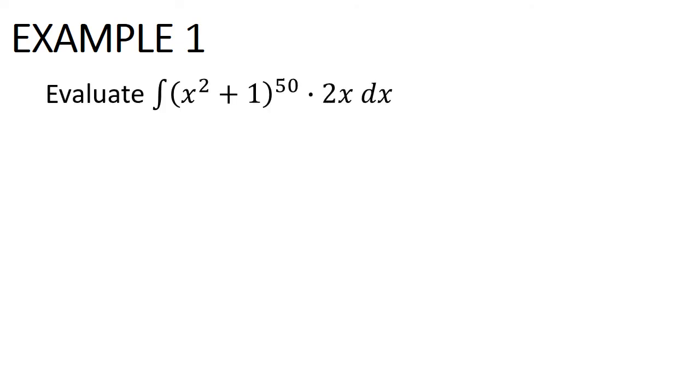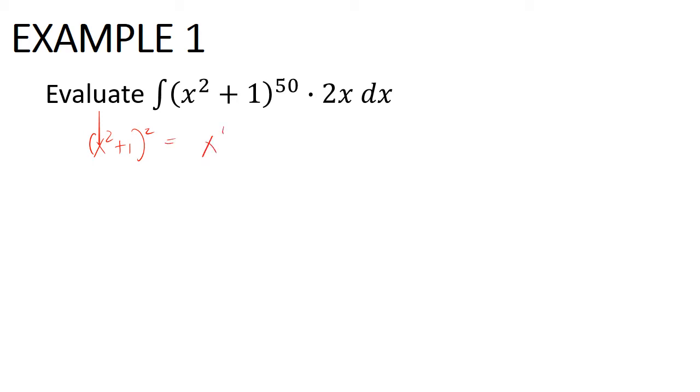So, for example number 1, sabi sa atin is i-evaluate daw natin yung the binomial x squared plus 1 raised to 50 multiplied to 2x dx. So, kunin natin yung integral niyan. Kung yung exponent ng binomial natin, for example, x squared plus 1 squared, manageable to and kayang-kaya natin yang expand.